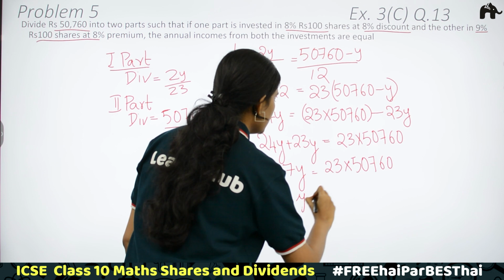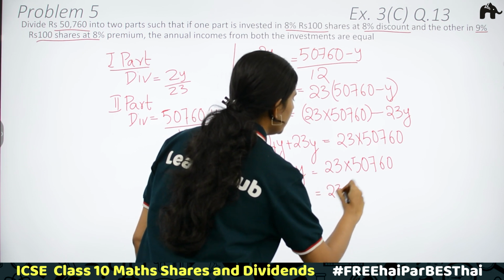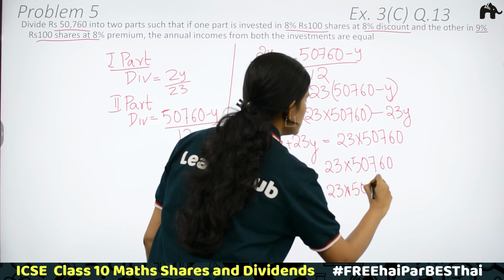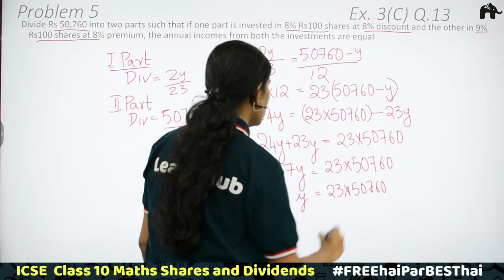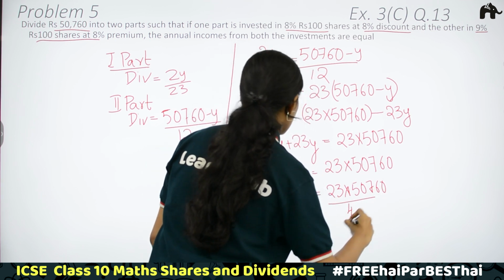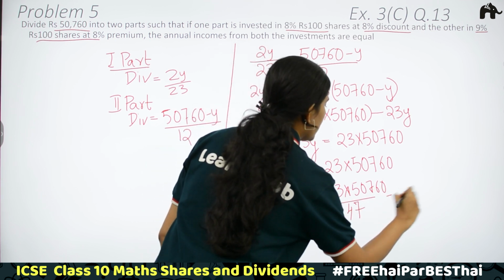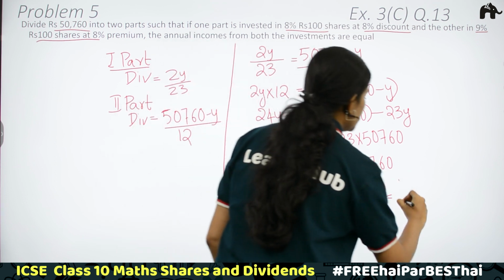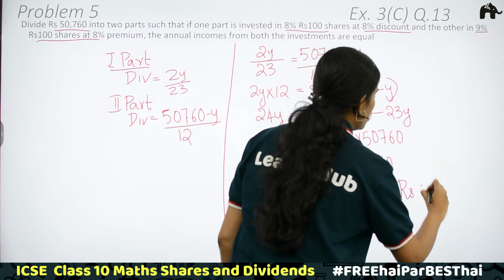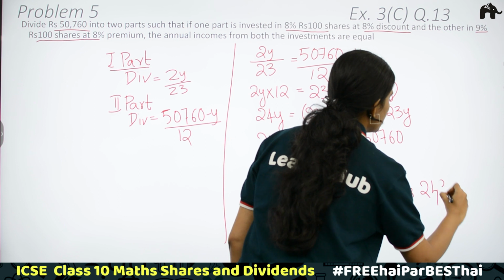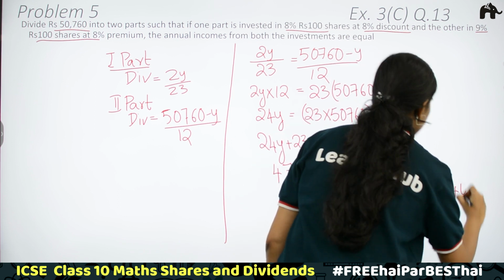What is y? y is equal to 23 into 50,760 divided by 47. When you calculate this, you will be getting rupees 24,840.